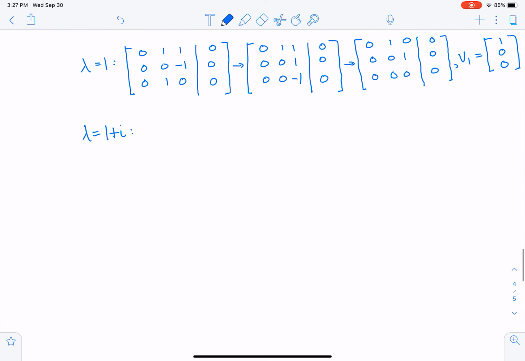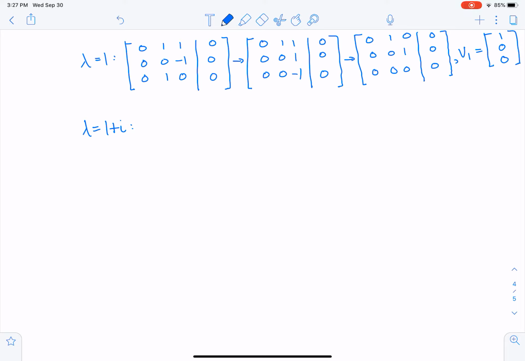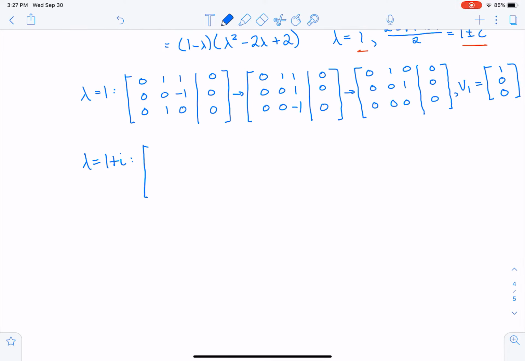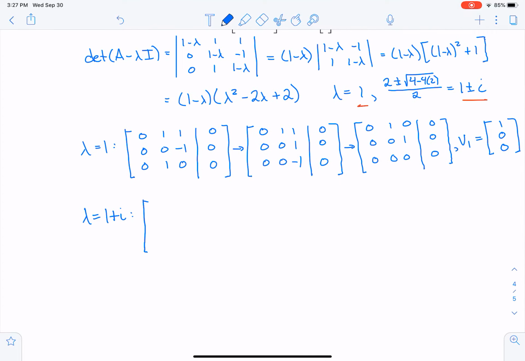Okay. So looking at 1 plus i, I'm going to plug that into my matrix. So I actually need that matrix over there. So when I take 1 and then subtract 1 plus i, I'm going to get a negative i, 1, 1. And then 0, negative i, negative 1. And then finally 0, 1, negative i. So I'm going to have zeros on the right-hand side.